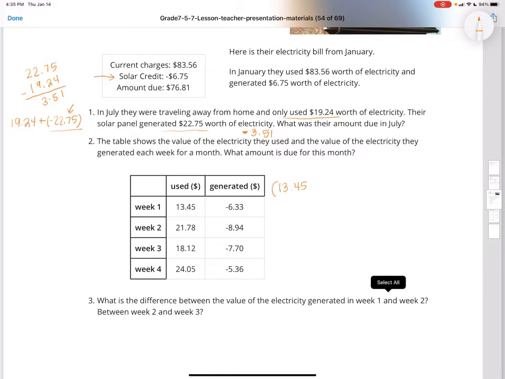I'm just writing down this expression, and then I added it to negative $6.33 plus negative $8.94.